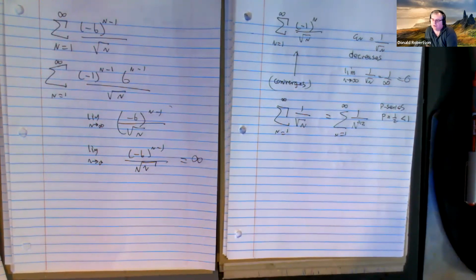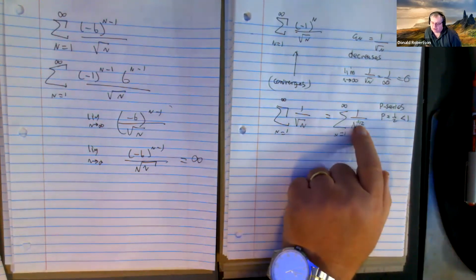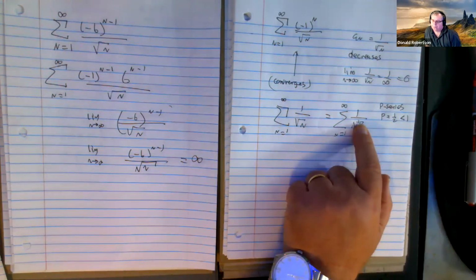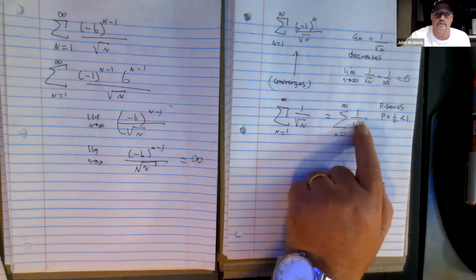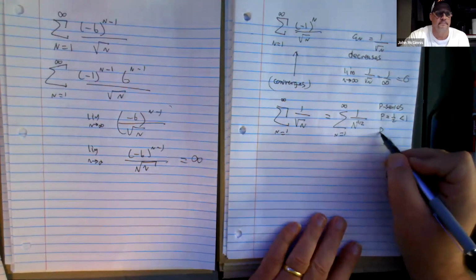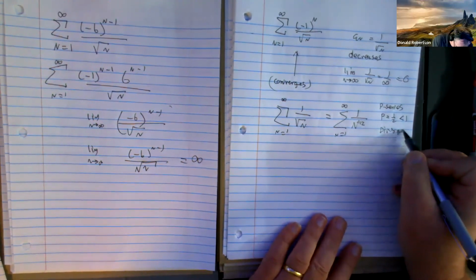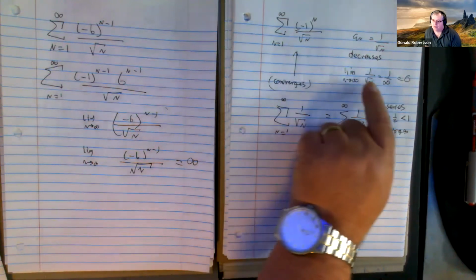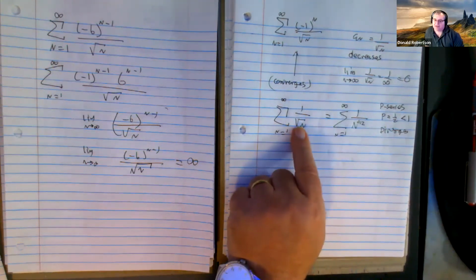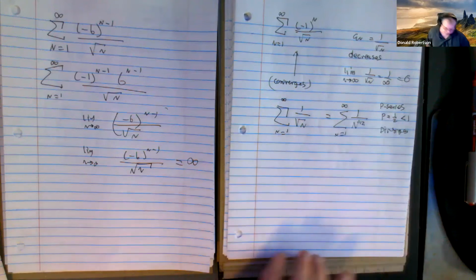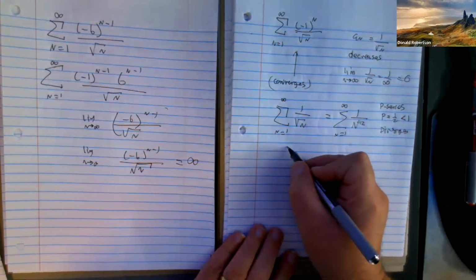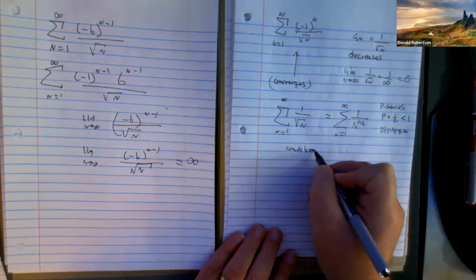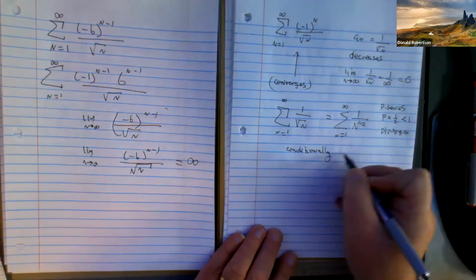What can you say about a p series whose p value is less than 1, as we have here? Diverges. So what we have is the original converges by the alternating series test. When you make everybody positive, it diverges. So in that world, we would say this series is conditionally convergent.